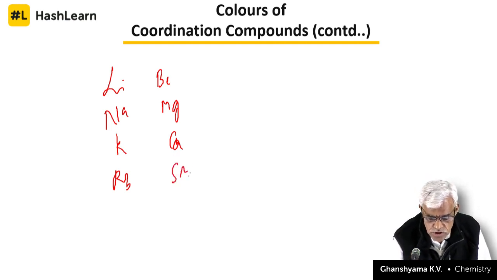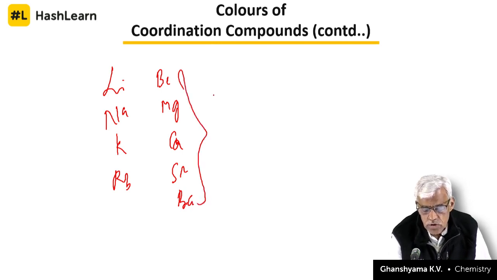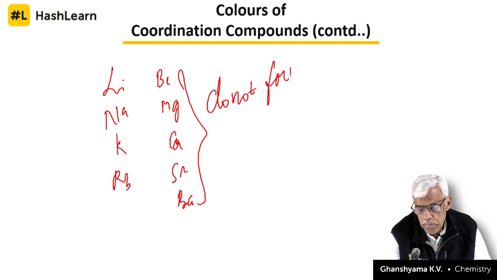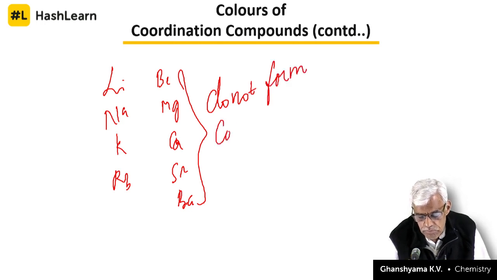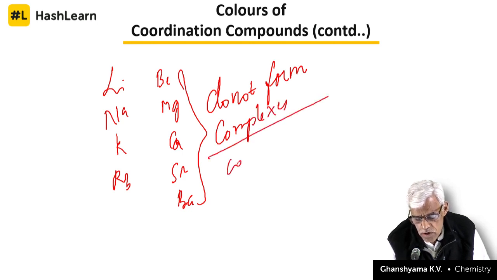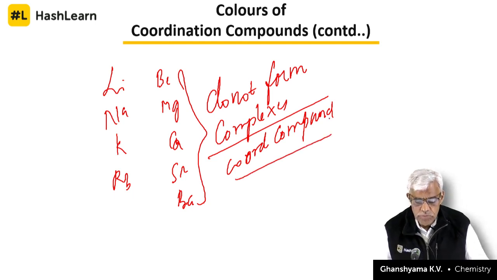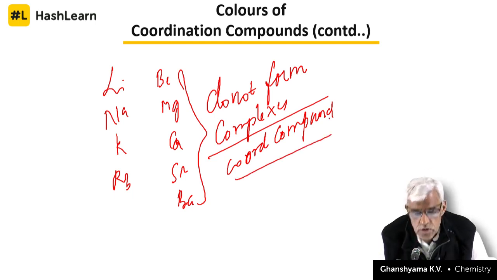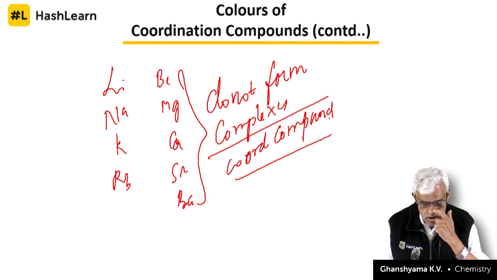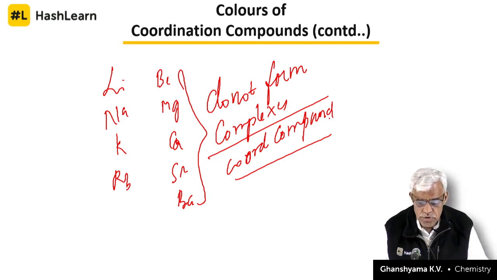Calcium, strontium, barium, etc. do not form coordination compounds, do not form complexes, because they have no capacity to accept the electrons from the ligands.